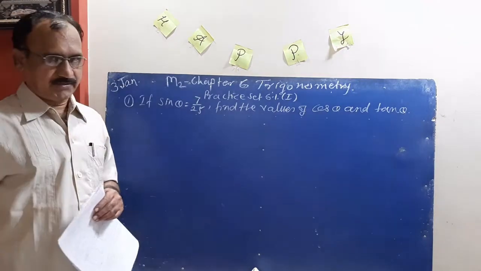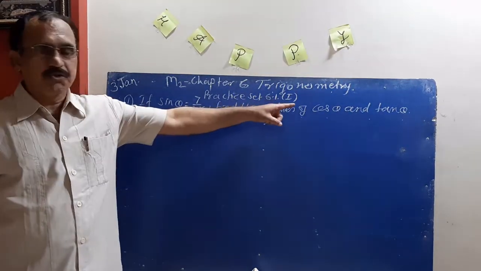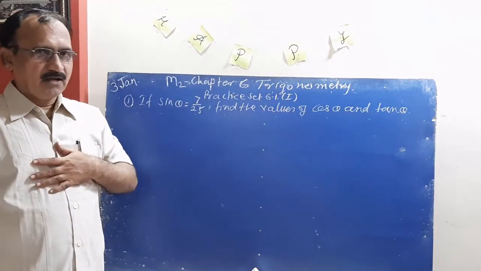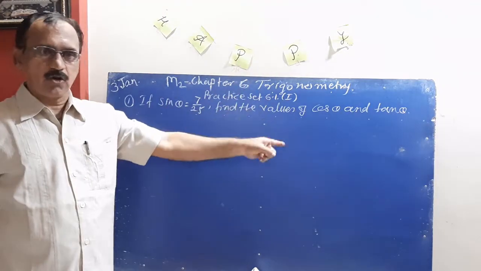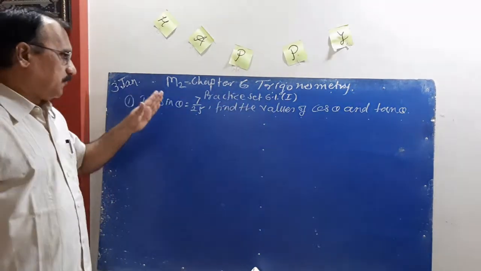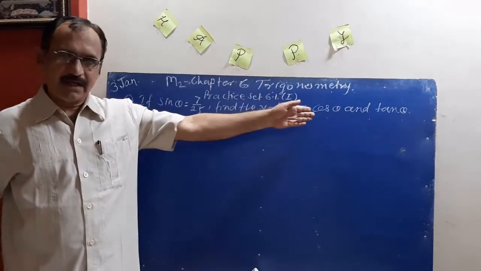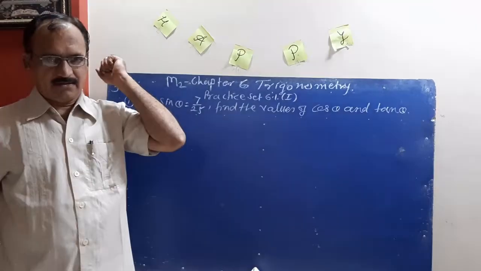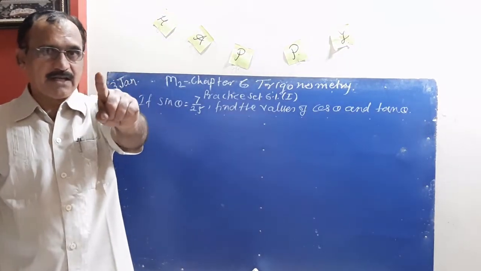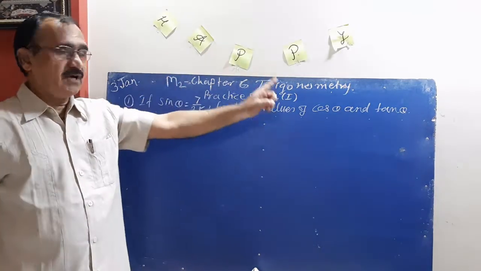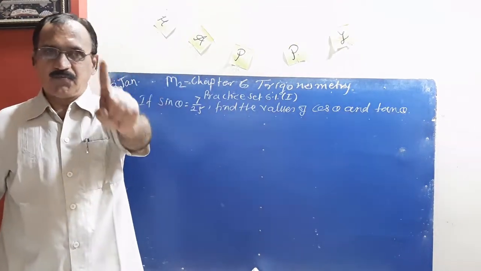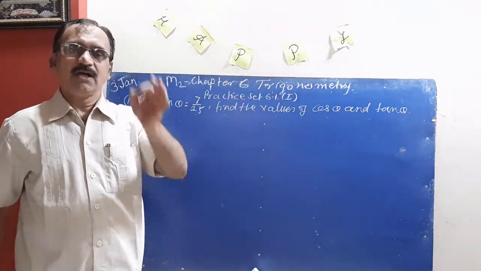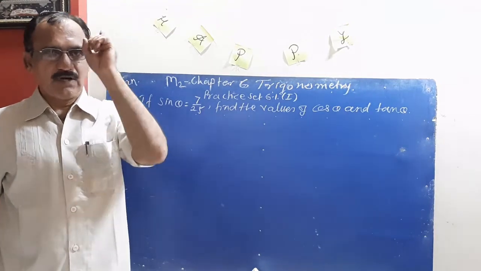There are two methods for finding the values of cos theta and tan theta: with the help of a right angle triangle, and with the help of a trigonometric identity. If sin theta is given and cos theta and tan theta are required, we can find cos theta with the help of the first trigonometric identity, sin square theta plus cos square theta is equal to 1.